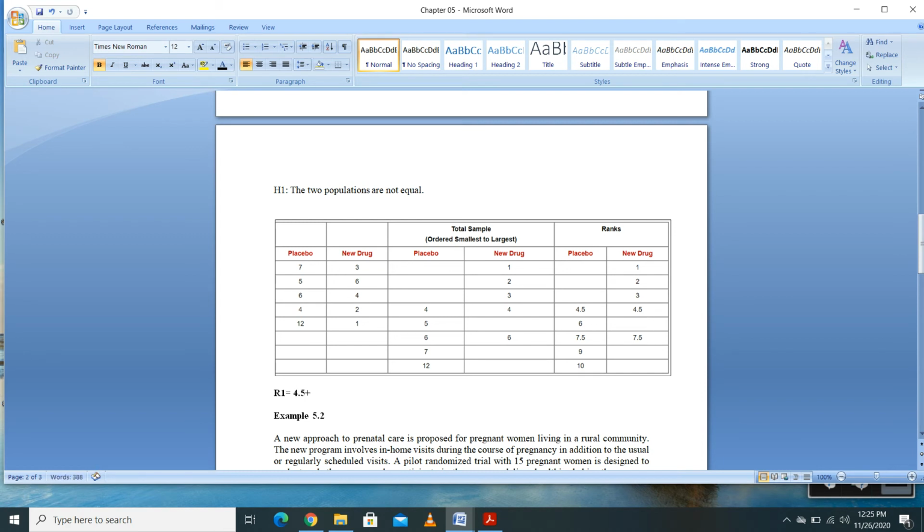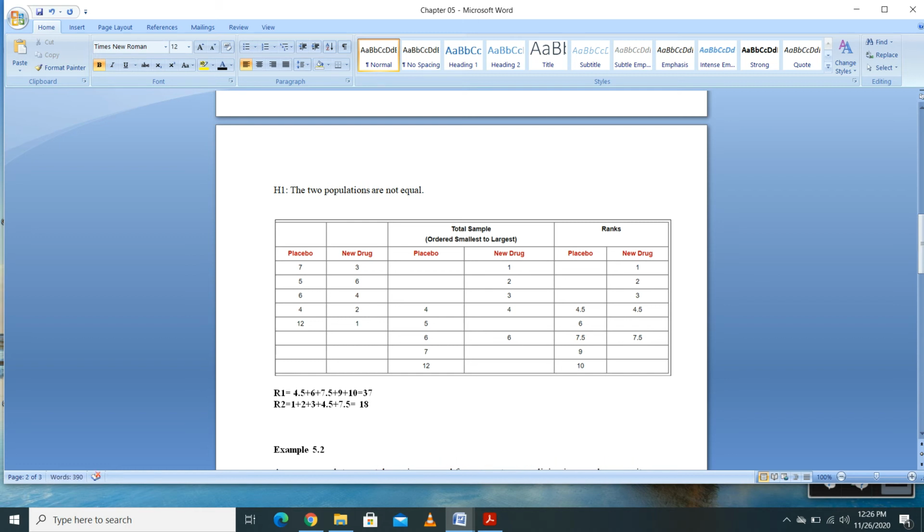That is equal to 37. Likewise, the summation of the ranks of the second sample is 1 plus 2 plus 3 plus 4.5 plus 7.5. That is equal to 18.